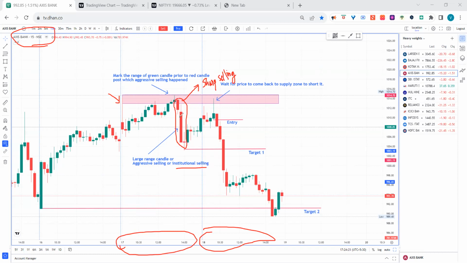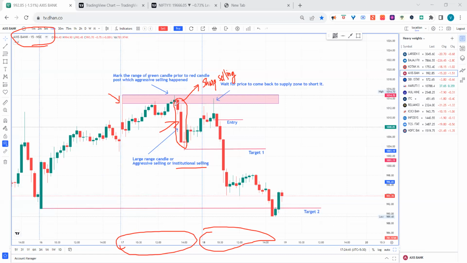So this candle shows aggressive selling by some institutions, be it DIIs or FIIs, or maybe a collective group based on some broad interest. We just have to find out the origin of the move.